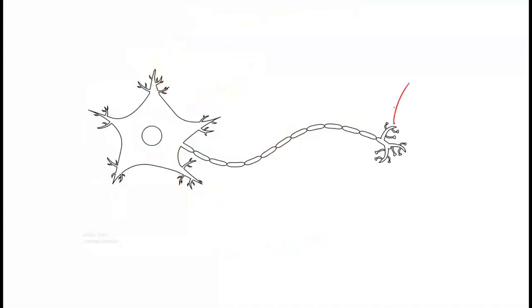It will go all the way down to the terminals, and then neurotransmitters will be released by the terminals, and then they usually are going to be synapsed with some other structure. So the neurotransmitters will be released, they'll bind to some other structure, and if that other structure is a neuron, then it will start the whole thing over again.